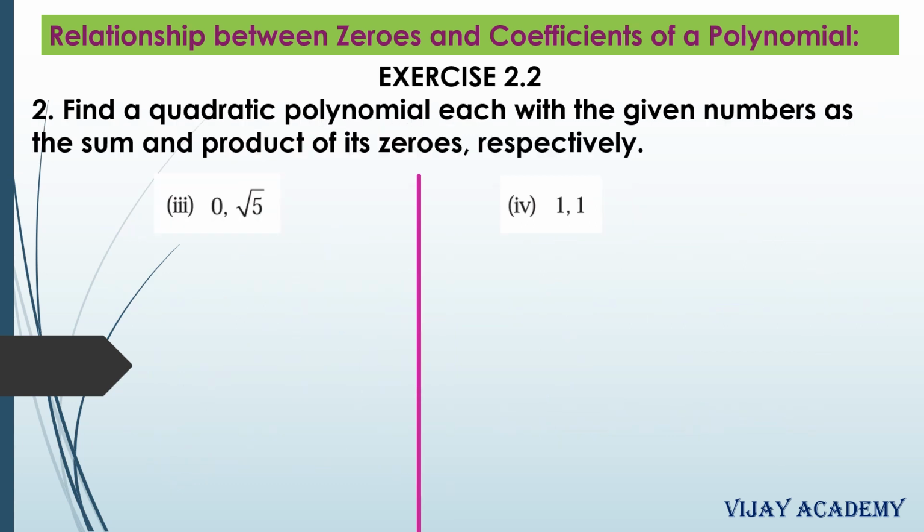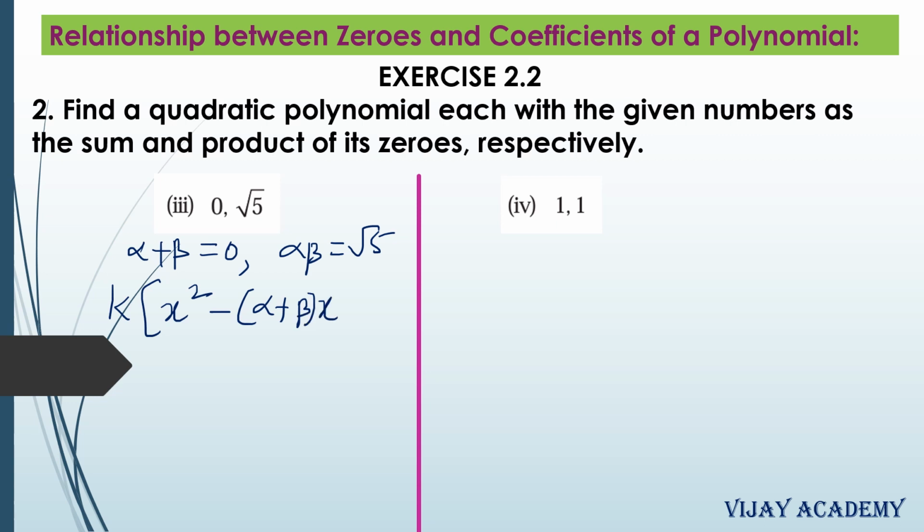So question number 3, the sum of the zeros is 0, alpha plus beta is 0 and alpha into beta is root 5. So the polynomial is k times x square minus of alpha plus beta times x plus alpha into beta. So now let us substitute the values in the polynomial. So we get x square minus 0 times x plus root 5.